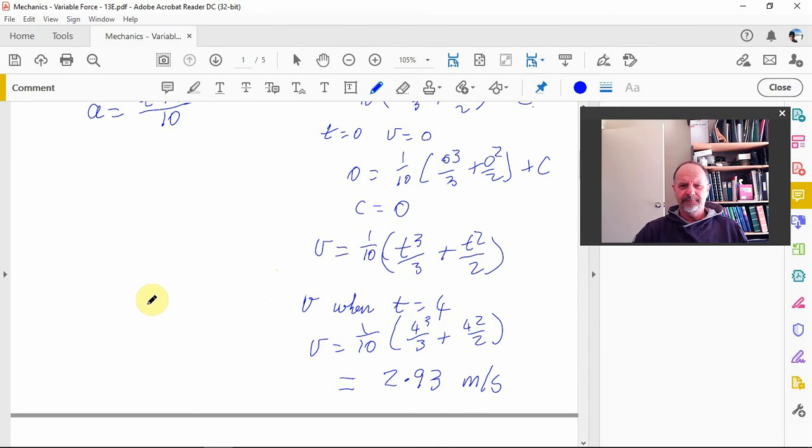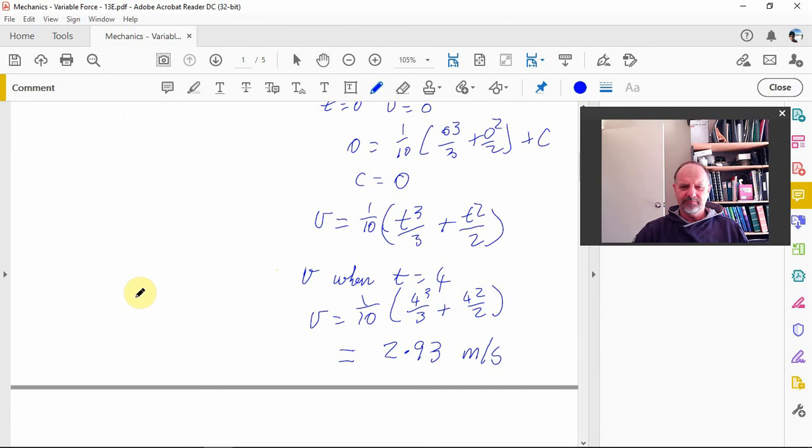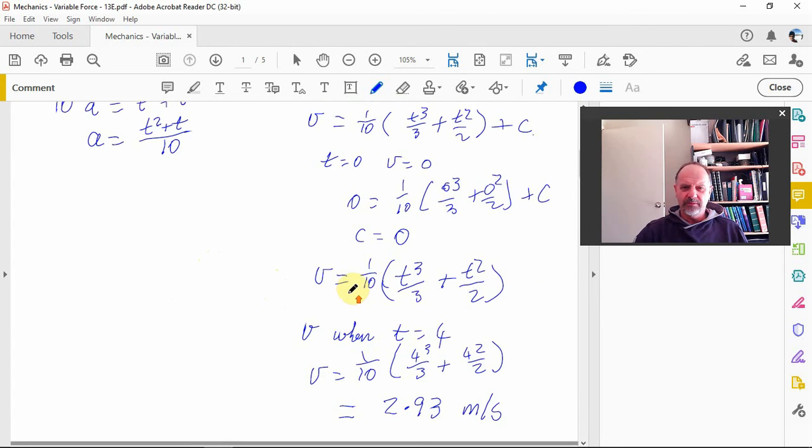All right. Now, when we have a look at the next bit, it says find the distance travelled. So we've got an expression for velocity here. And so we could, if we wanted to, just do a rough sketch of a velocity time graph.